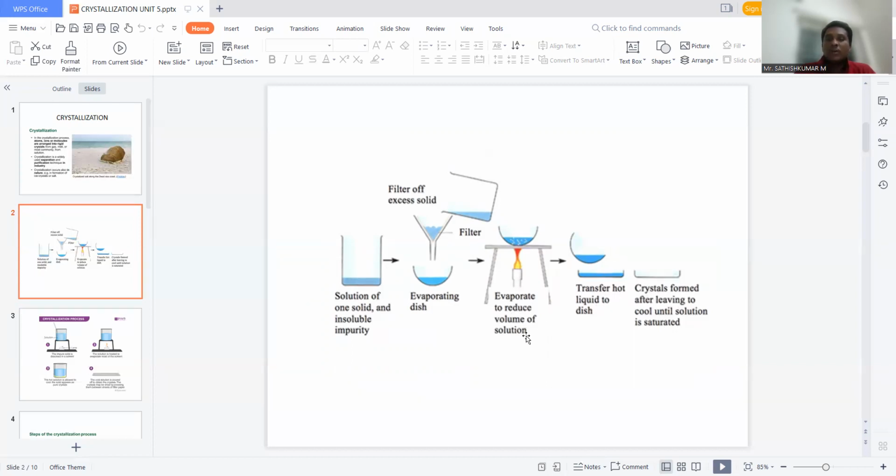So crystallization only forms in saturated solutions. The concept of saturated and supersaturated solutions is the main principle of crystal formation. What do we mean by saturated and supersaturated solutions?